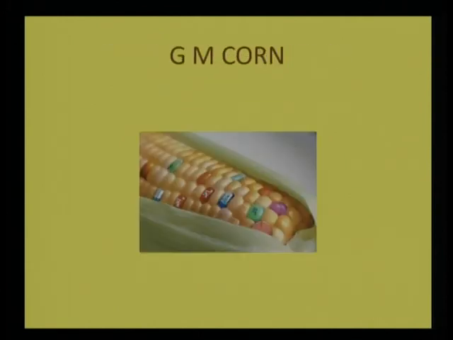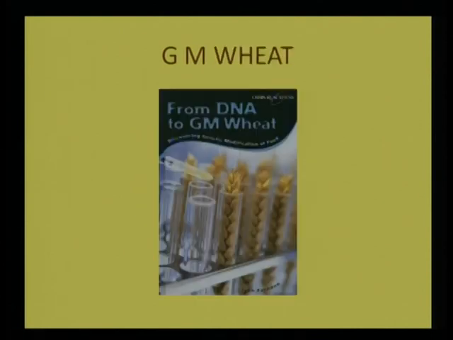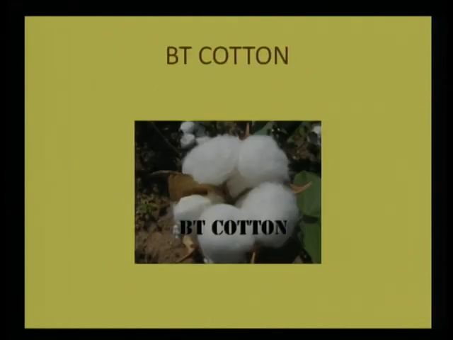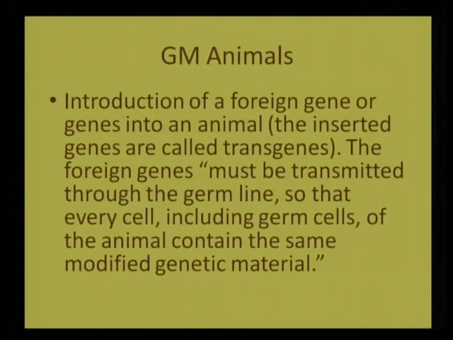This is corn which shows different colors, meaning we can produce corn with various types of medical drugs, amino acids or vitamin sources. These are genetically modified wheat with increased protein value, or wheat with antibiotics. We are all well aware of BT cotton, which has very high quality. And this is a plant which shows luminescence with the help of the luciferase enzyme.